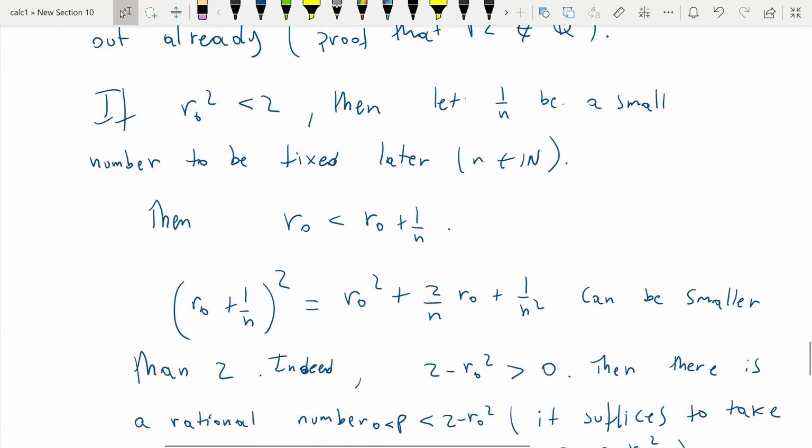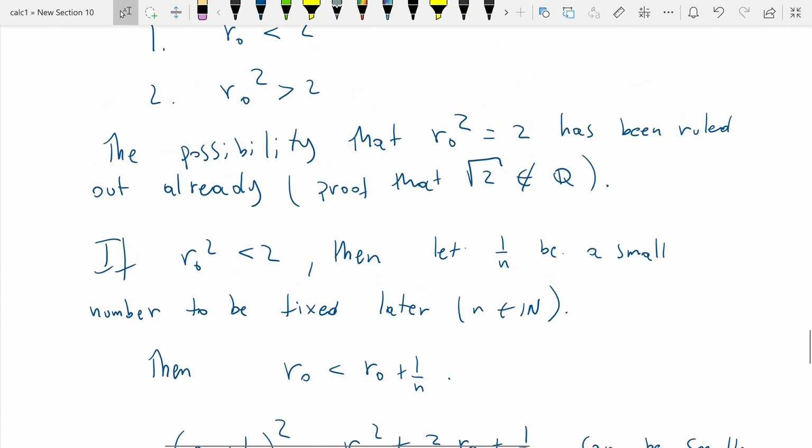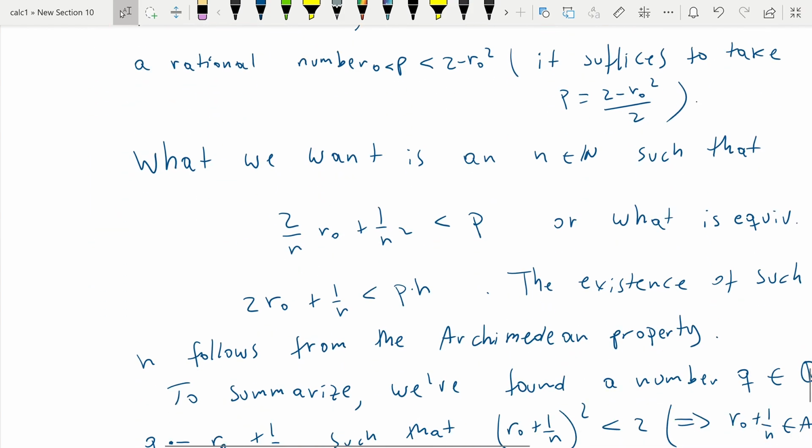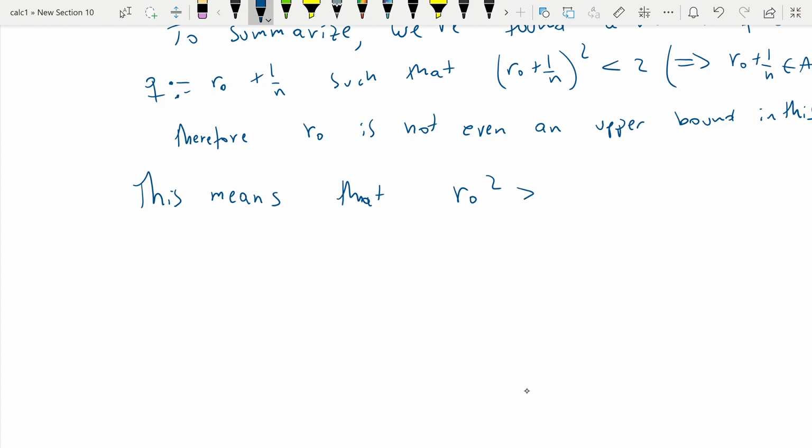Okay, so r naught squared less than 2 is not really a possibility. So it only leaves us with the second case, which means that the only possibility is that r naught squared is greater than 2.